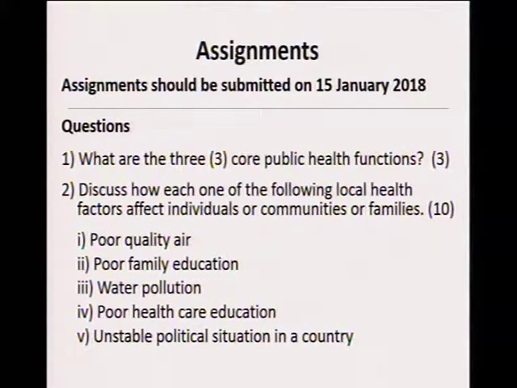How family education, how water pollution, poor healthcare education, and unstable political situation in a country affect individuals, communities, or families. And those are local health factors. So you just discuss them individually, one by one, discuss how they affect individuals, communities or families.